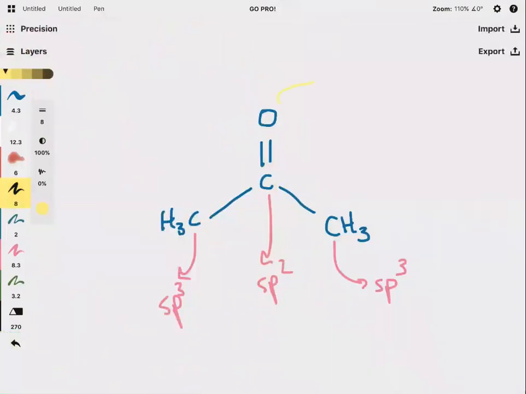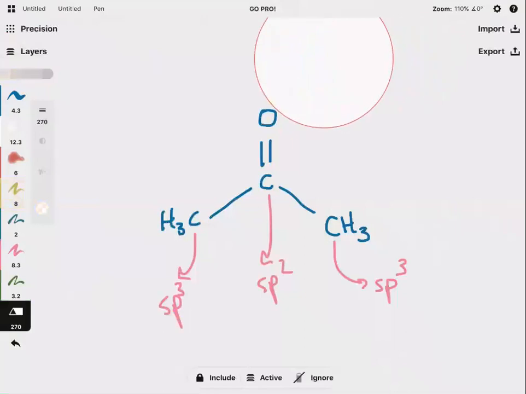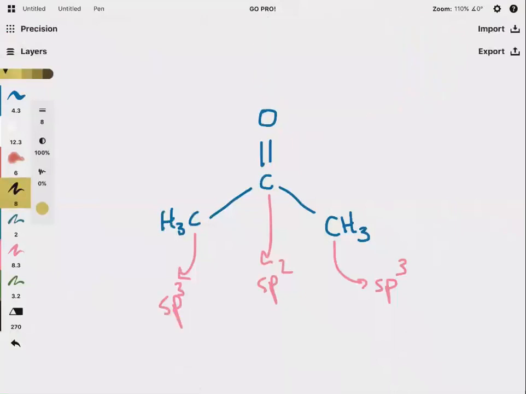What about that oxygen? Well, we know that that oxygen has two lone pairs of electrons, right? I just didn't draw them in, but you know they were there.